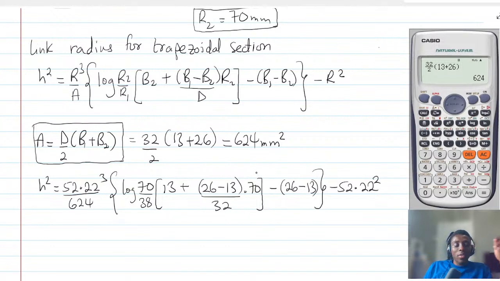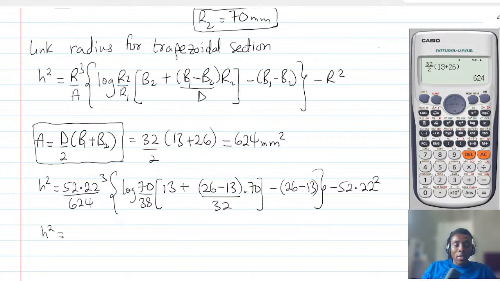Have you seen this question before, guys? At this point, I want you to do this on your calculator and calculate h square.